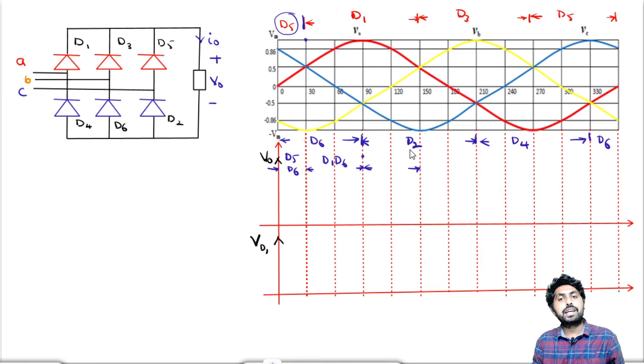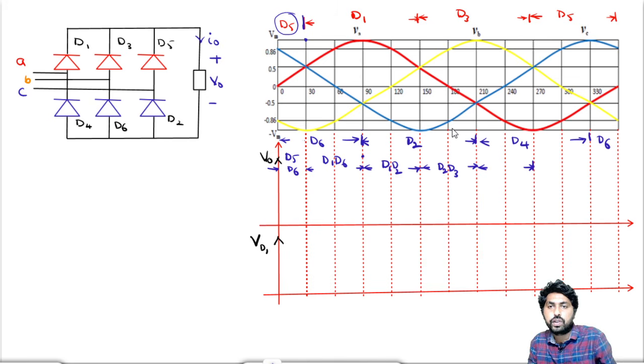The next combination is D1 and D2, where D2 is in the conduction state. From here to here, D3 will start conducting while D2 is still conducting, so D2 and D3. Again, for every 60 degrees, there is one combination.